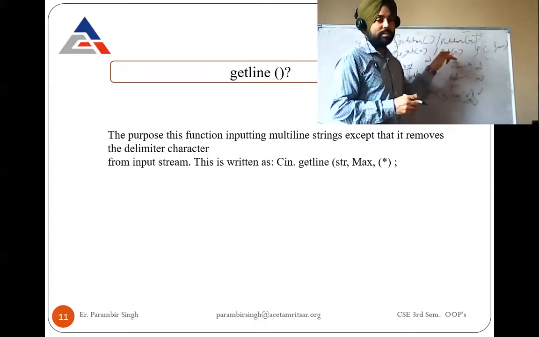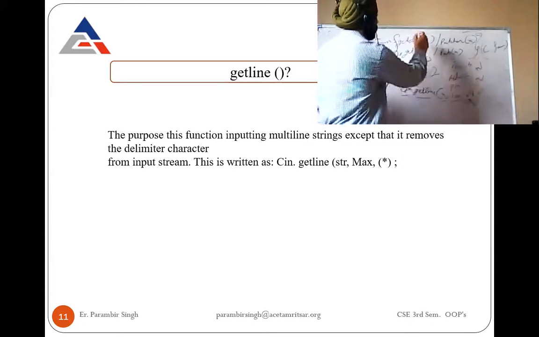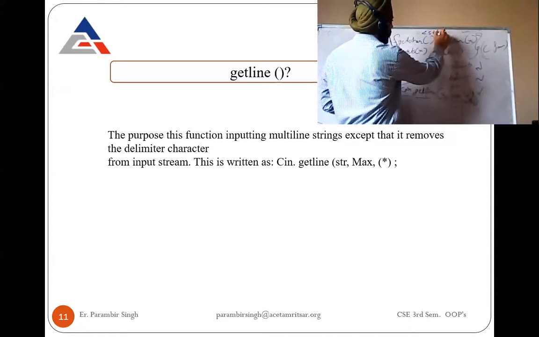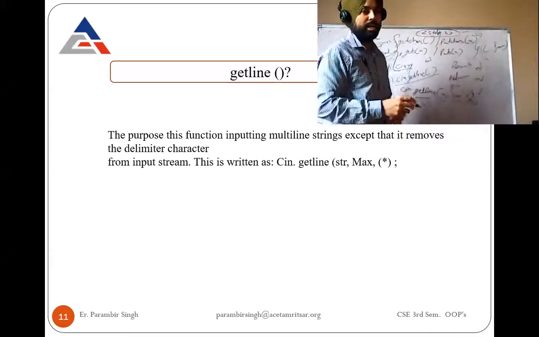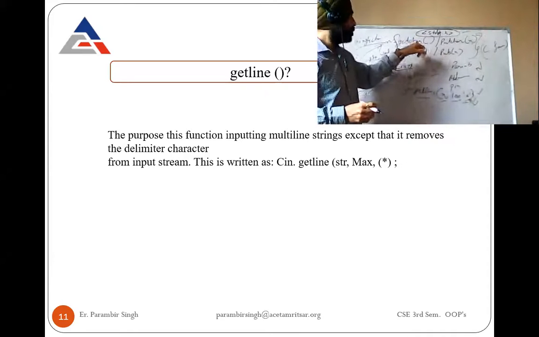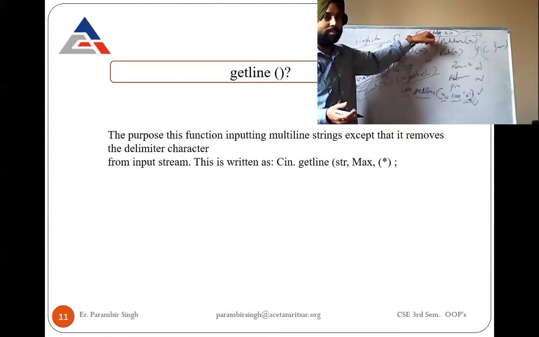When we are using these two functions, we have to write one header file, that is stdio.h, the standard input output header file, because these two functions belong to the C programming language. So you have to declare the header file.